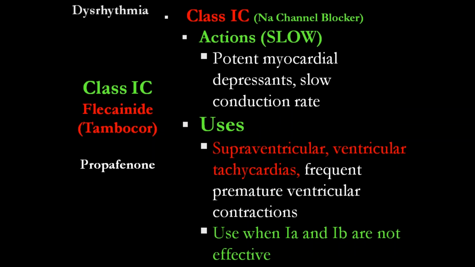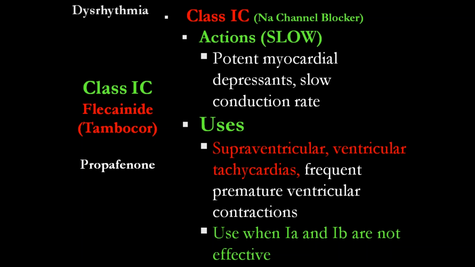Class 1C, we have the sodium channel blockers. So what is the difference between 1A, 1B, and 1C? The number one being used is 1A. If 1A doesn't work, use 1B. If 1B doesn't work, they use 1C.